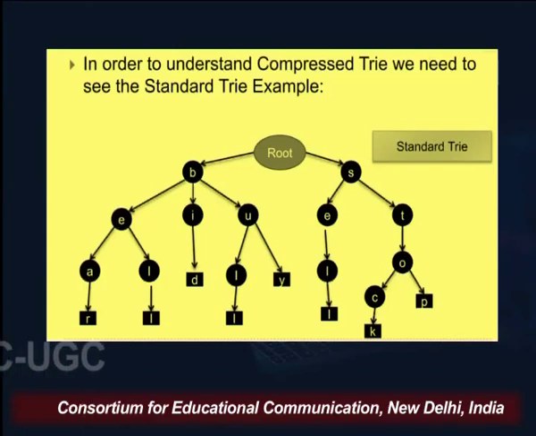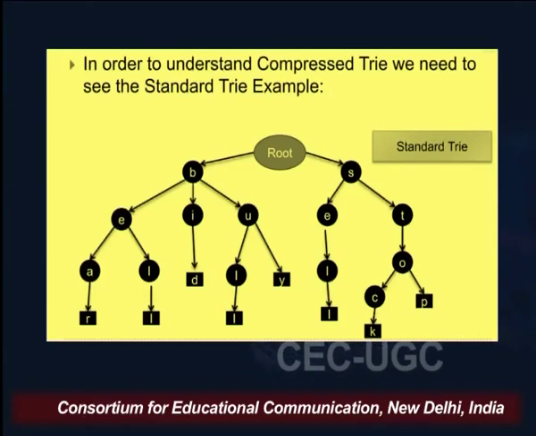can I put this A and R of beer in one particular node? That is going to save one particular link here. Or in case of bell, can we put the last two letters which are L and L in one particular node?